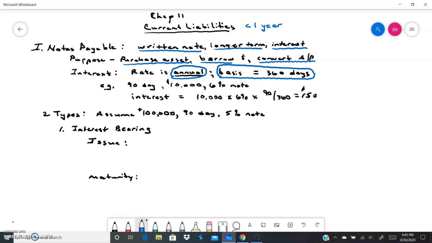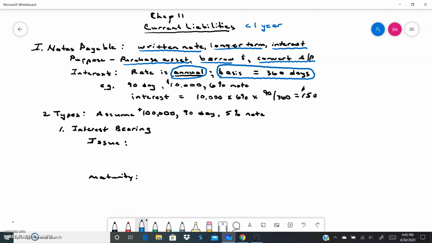That's because most investments are usually set forth in multiples of 30 days to keep it simple. Obviously every month has a different number of days. So instead of saying this is a February note or a March note, they have a different number of days. What they're going to do is say this is a 30-day note, 60-day note, 90-day note, 120-day note, etc., to keep it simple. So usually we're talking about increments of 1/12 of a year.